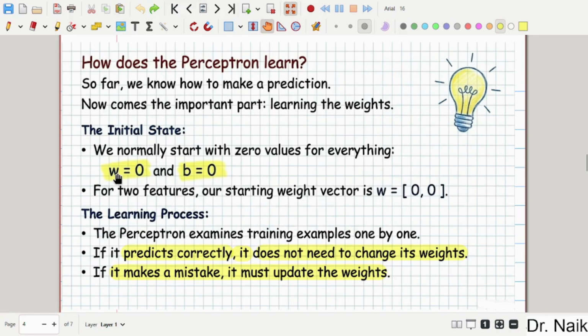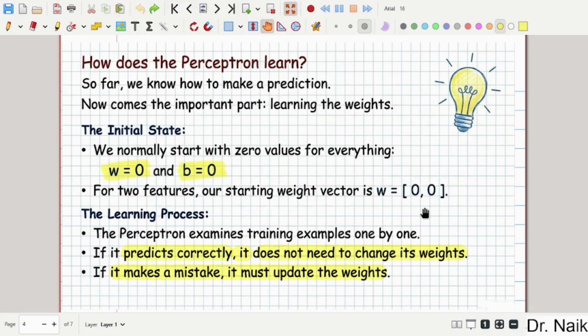That means our weight vector is 0 and our bias is 0. For two features, we start with the weight vector w equal to a column vector with first entry 0 and second entry 0.